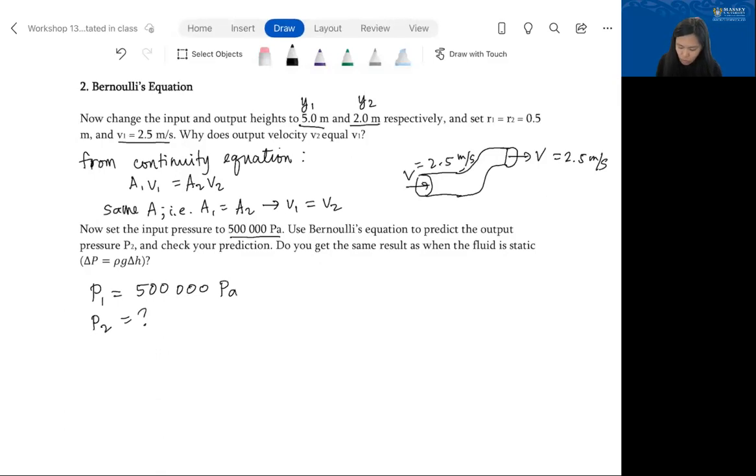So P2 is what you want. You can check your prediction using the simulation website. So what we're given throughout this problem: y1 is equal to 5 meters. I'll just remove the decimal place so it's not so cluttered. And y2 is equal to 2 meters.